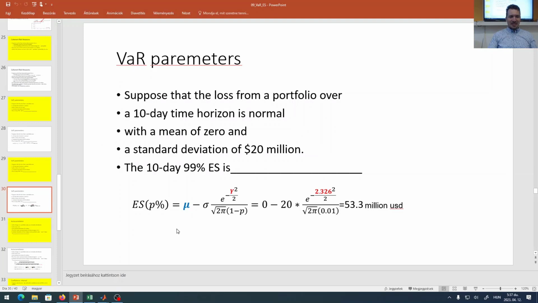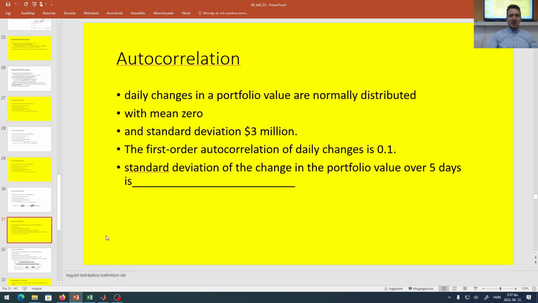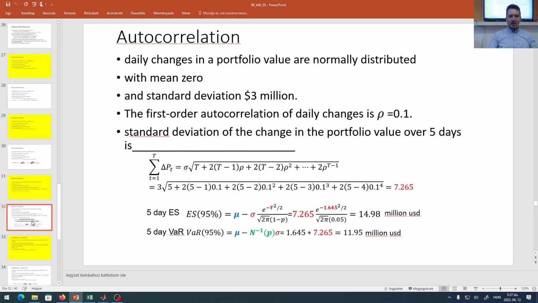So this is a nice example, but this one is not VaR parameters, this is ES parameters.